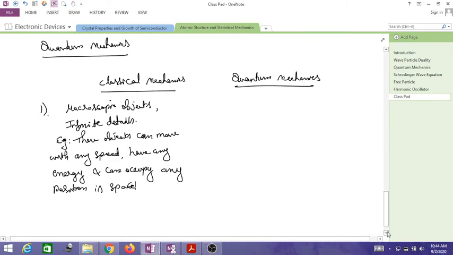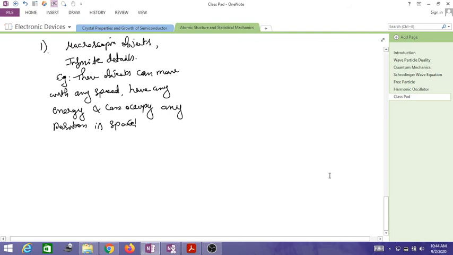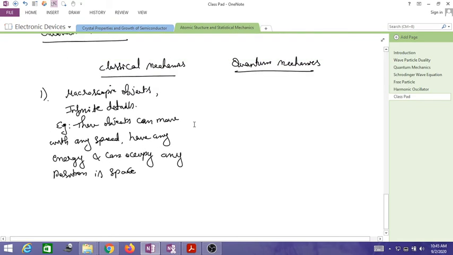It deals with macroscopic objects and it can have infinite details. The meaning of infinite detail is that these objects can move with any speed, have any energy, and occupy any position in space, and that is highly impossible with quantum mechanics.